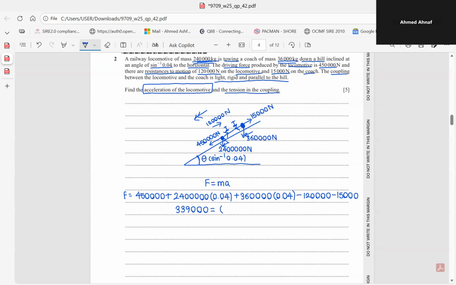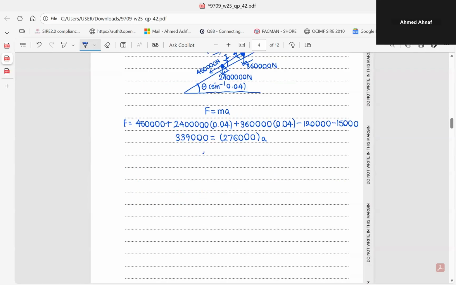So that is going to be 276,000 kg times A. So A, if you divide both sides by 276,000, you would get 113 over 92 meters per second squared. Or you can also round it off to 3SF, which will give you 1.23 meters per second squared.